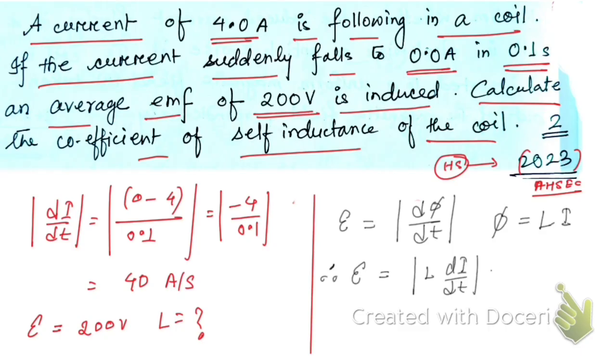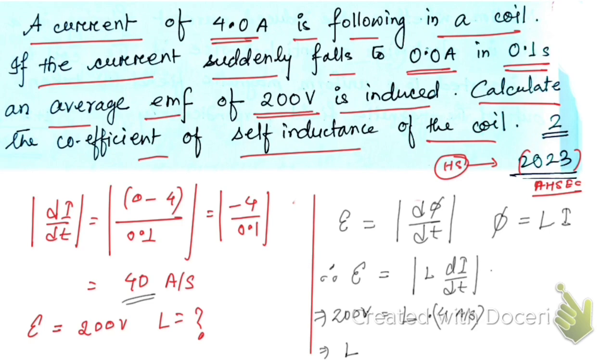So here it implies that we know the average EMF is 200, so let me put 200 volt here, and we need to find L, and di by dt we have got 40 ampere per second. Therefore L will be equal to 200 divided by 40.